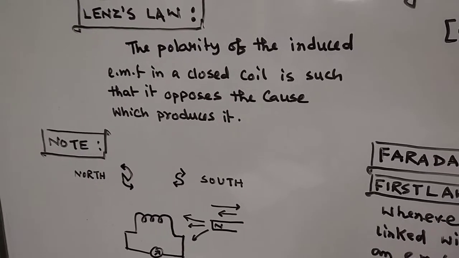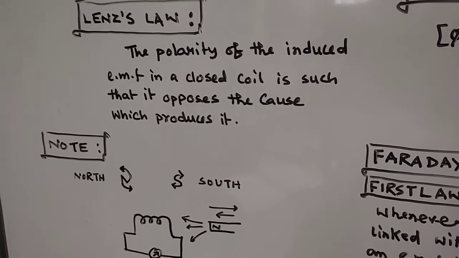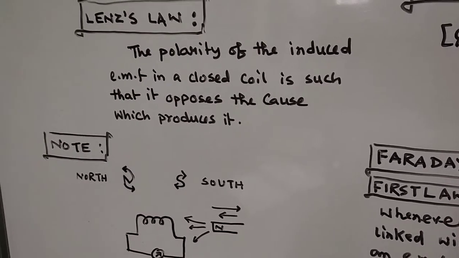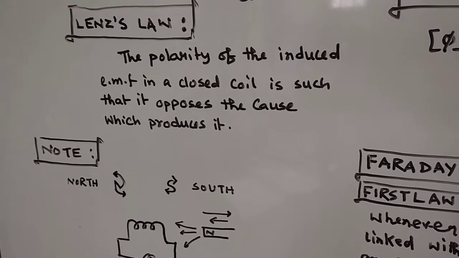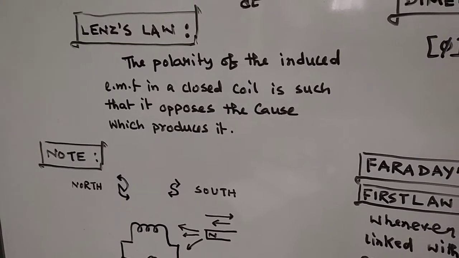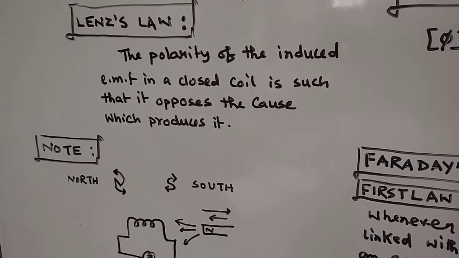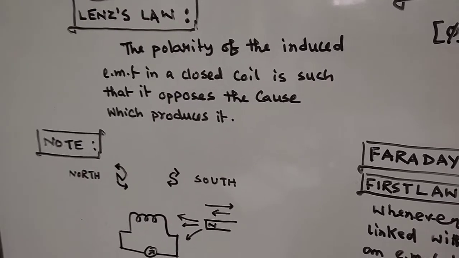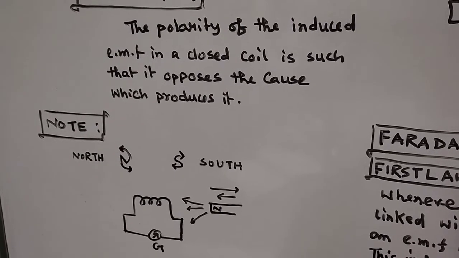As the anti-clockwise current is there at the near face of the coil, what will happen? It will not let the north pole of the bar magnet come towards the coil. So it opposes the bringing of the north pole of the bar magnet towards the coil, creating a north pole at the near face. Now when you try to take the north pole away from the coil, again the direction of the induced current in the near face of the coil changes. Now it is a south pole, or the current flows in the clockwise direction.